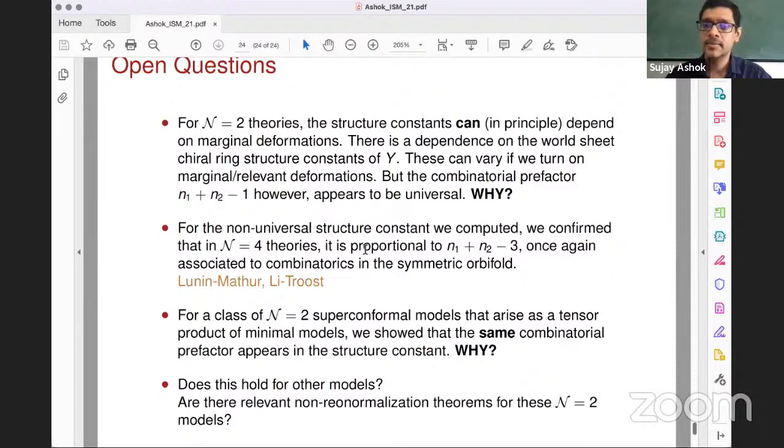So probably there is some relation with this. For the theory in our formulation, the Y theory is, for instance, T-dual to a minimal model times T4, and the symmetric orbifold is just of the T4, not of the minimal model. So in the general case, it's not clear to me what exactly our symmetric orbifold is, but it's a good question to think about. I don't have an answer.